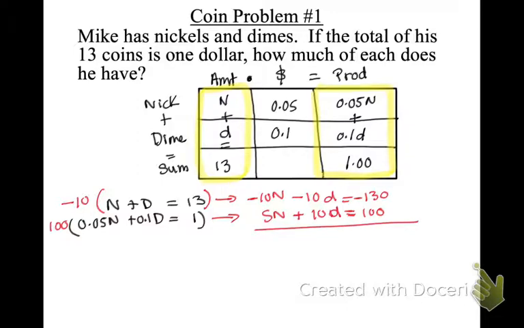Now I've set up nicely for the elimination method. These are canceling. I like to see the cancellation mark. It's negative 5N equals negative 30. We like negative negative because when you divide a negative by a negative, you end up with a positive, and we get N equals 6. Okay?